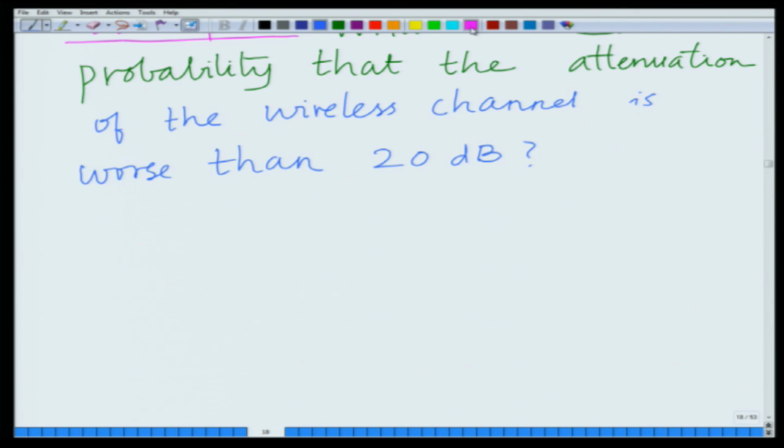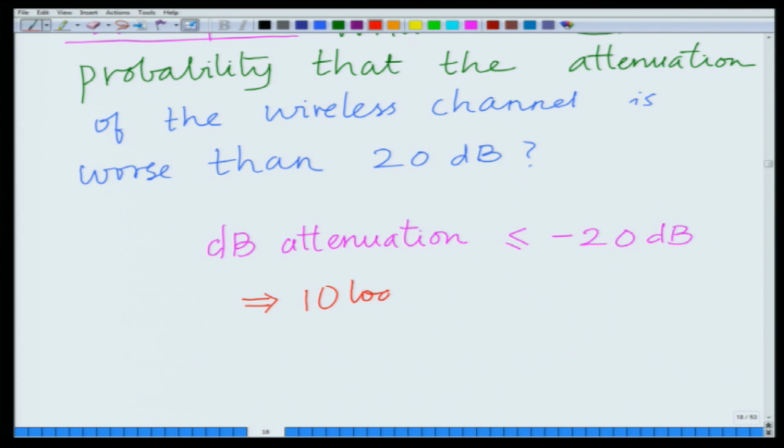Since the attenuation is 20 dB, the dB power gain has to be less than or equal to minus 20 dB, which implies 10 log 10 of G is less than or equal to minus 20 dB.